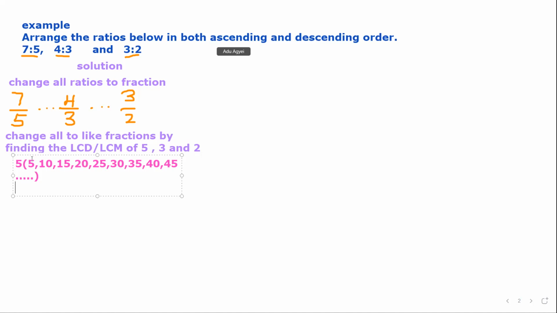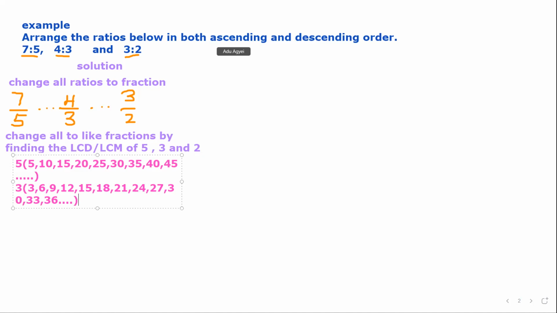Then the multiples of 3, we have 3, 6, 9, 12, 15, 18, 21, 24, 27, 30, 33, 36. So you can also put a dot here.